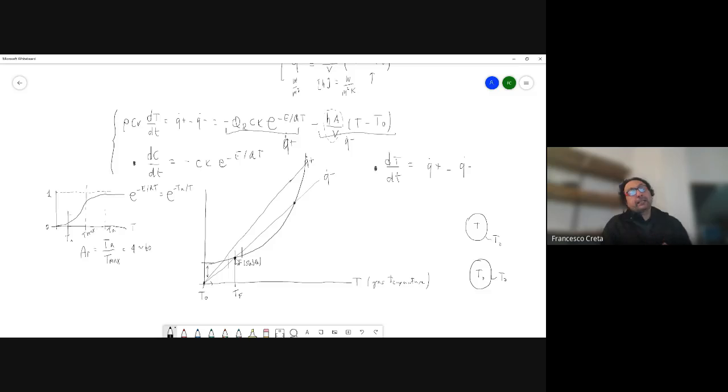But in a steady state view of things, TF will remain constant.